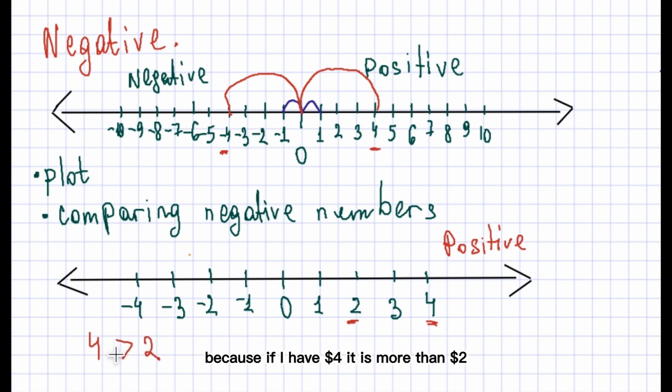Because if I have $4, it is more than $2. If I have 4 cakes, it's more than 2 cakes. So we see that 4 is further to the right than 2.